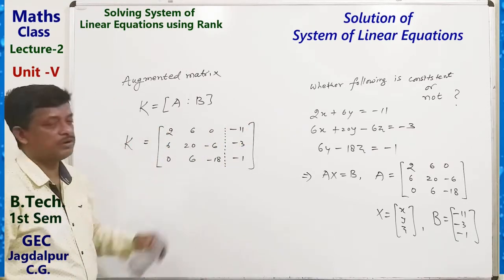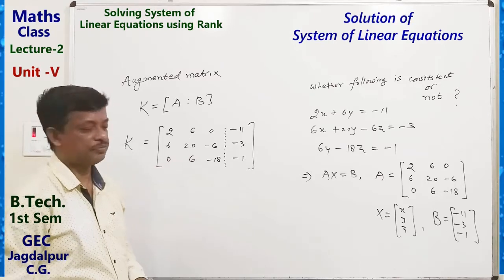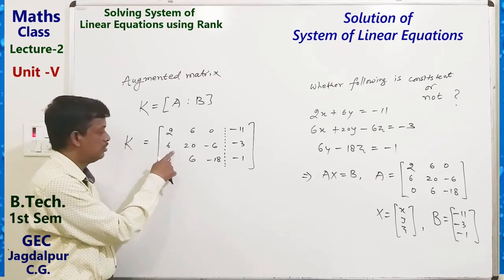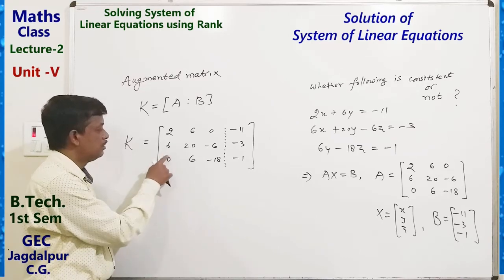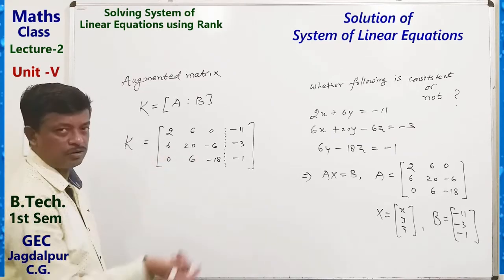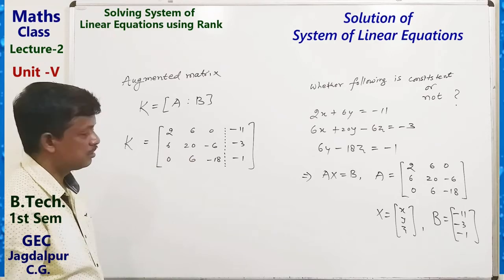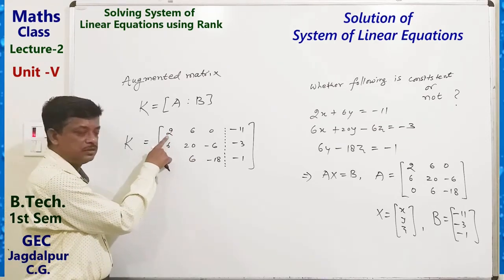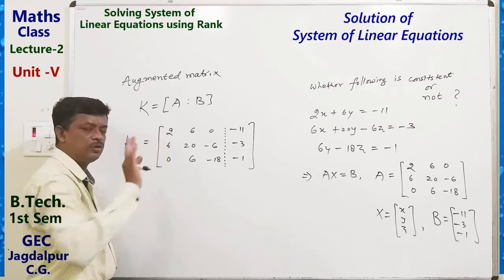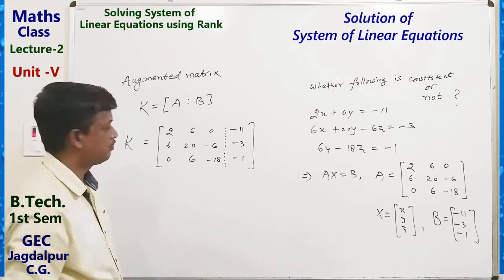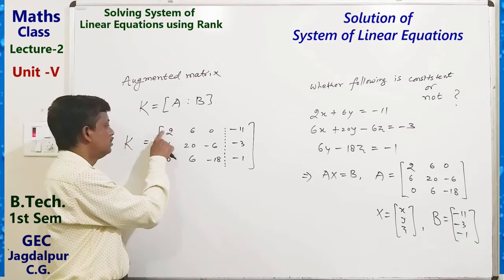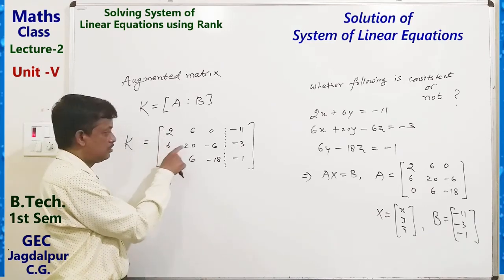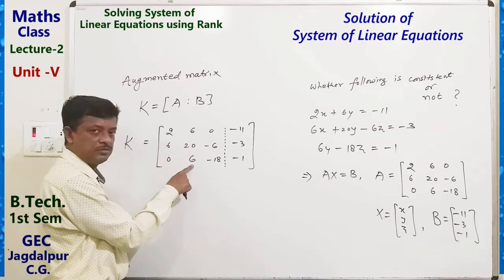Now convert it to diagonal form, the upper triangular form. Only row operations we have to apply. Using this element, make this entry 0, and then using this, make the next one 0.